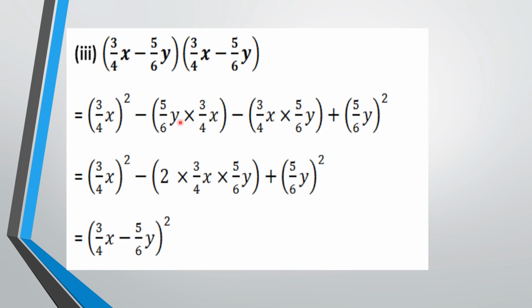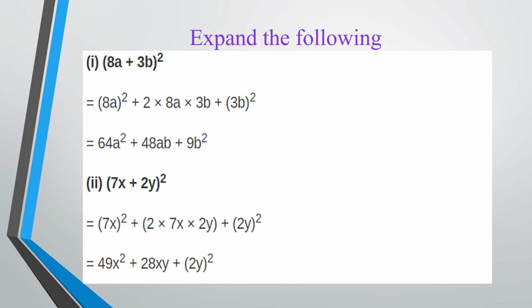And what would be the answer here? Here is minus of the same term. That means this is minus 1 into this, here also minus 1 into this. The coefficients are added. So 2 times of 5 by 6y, 3 by 4x. So it is of the form 3 by 4x minus 5 by 6y raised to the power of 2.